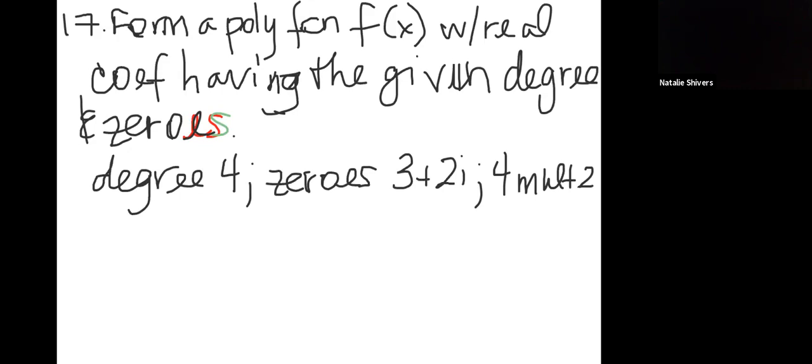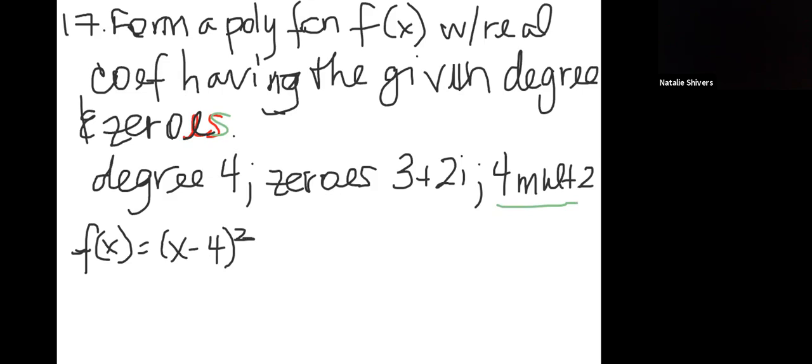All right, so I'm going to start it off on this page and try and write it out. And then I'll probably flip to the next page when I start multiplying it. So we're going to take f of x, and I'm going to start with the real piece first. The real piece is this 4 multiplicity 2. So I'm going to write x minus 4, remember it's opposite, squared.